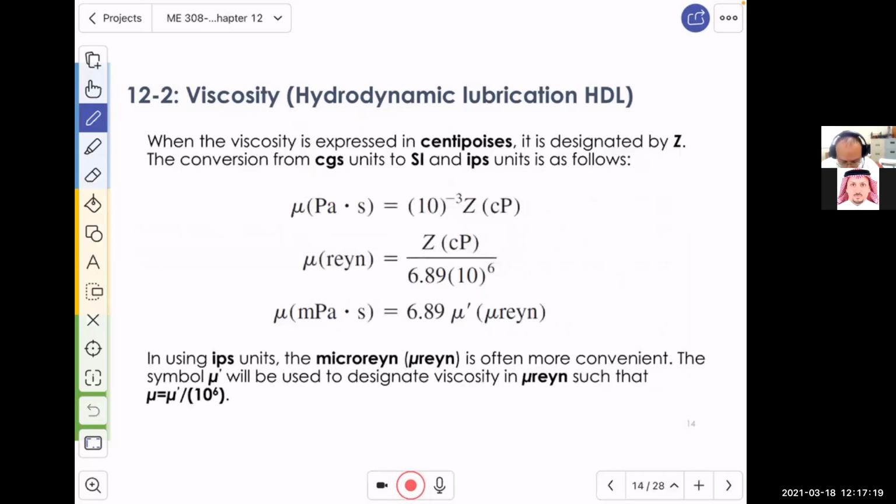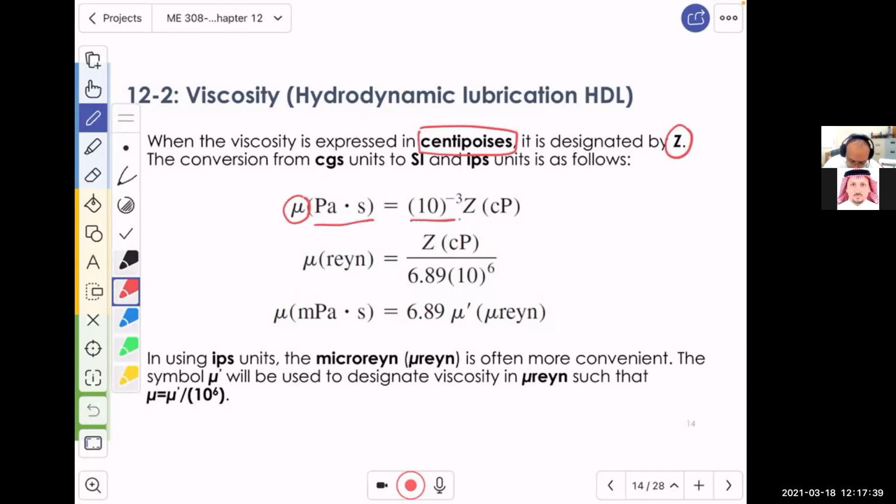Now, just for the record, if you want to change from one unit to another, here the viscosity is expressed in centipoise, then it is designated by Z. And here we have a micropascal second equals 10 to the power minus 3 centipoise, and this is going to convert this. So this is the conversion between a centipoise and the Pascal second.